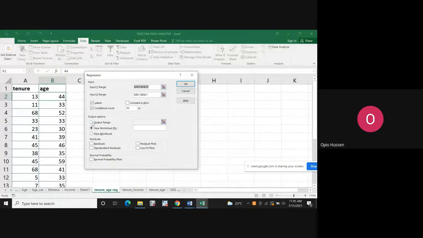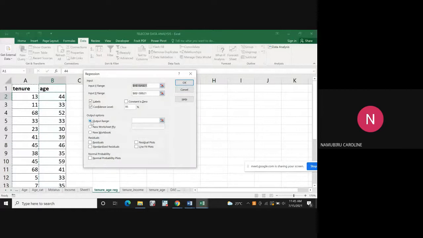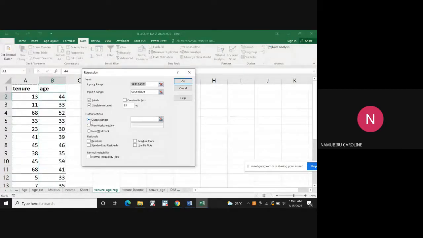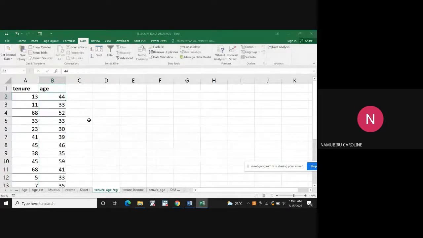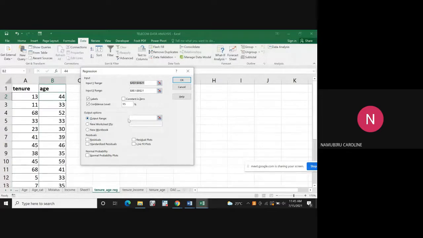Yes, we are together. Okay, so click on output range. Because we have our sheet ready, we are not going to go to a new worksheet. So click on output range. I want to emphasize this again because it gives us a hard time. The moment you click on the output range, make sure you click in the adjacent cell so that you have the opportunity to select where you want your output to be.